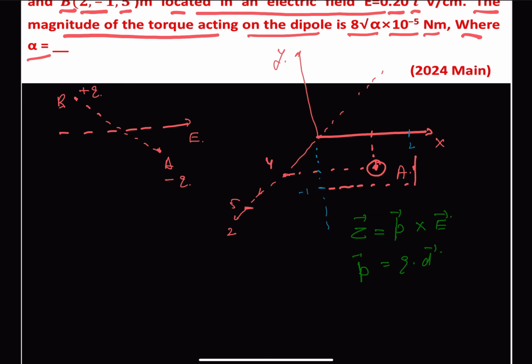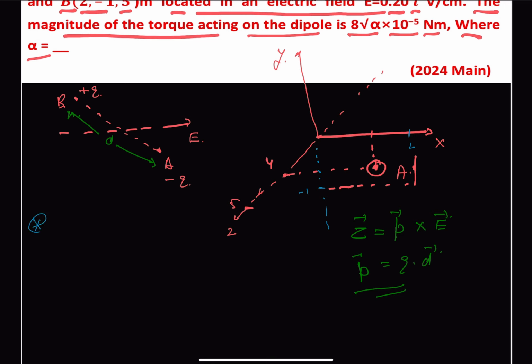We can easily find out our distance, that is the distance d. Sorry, not point P, but our dipole moment.